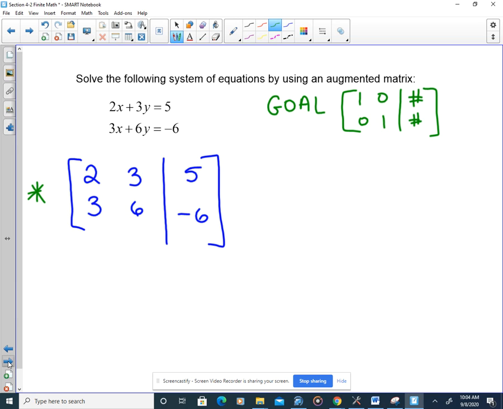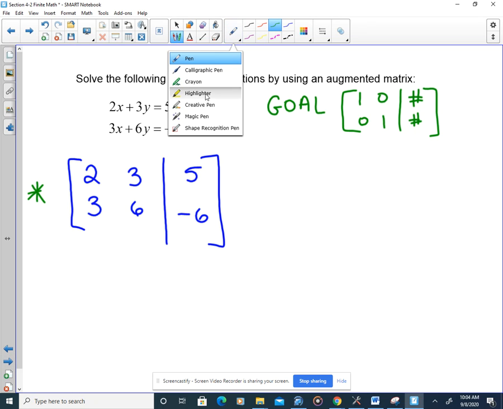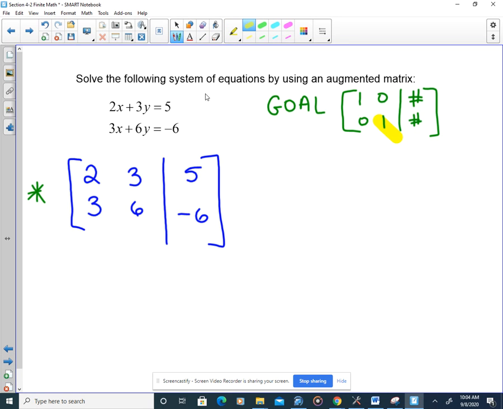So basically what you want is ones along that diagonal there. Okay? And then you want zeros everywhere else. And then these numbers over here are going to be the solution to the system.